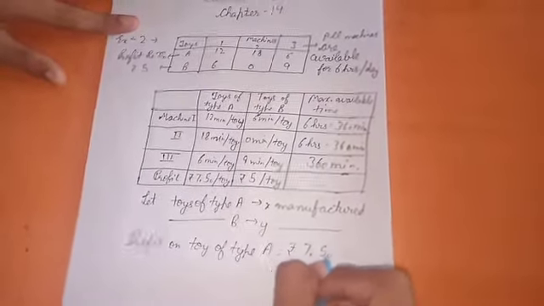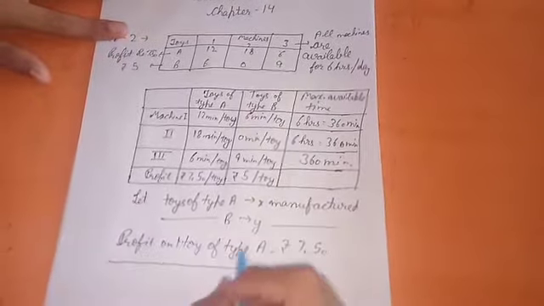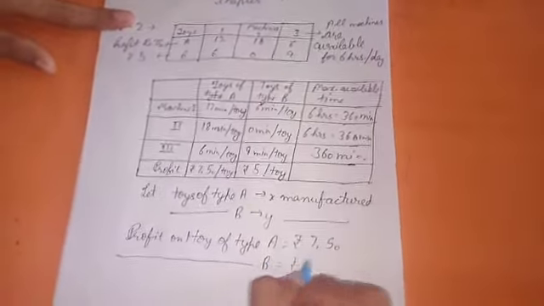Rupees 7.50. And profit on one toy, you can say, of type B is rupees 5.